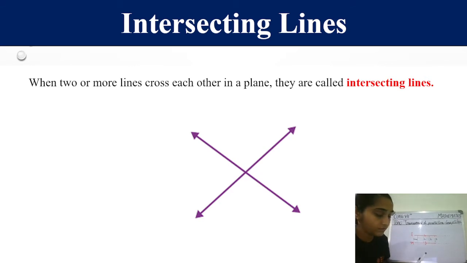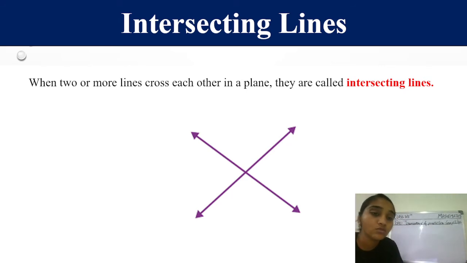Simply they will intersect, meaning they are meeting at one point. The two lines like this are said to be intersecting lines, like it is shown on the screen also. Students, are we clear with the two types of lines?